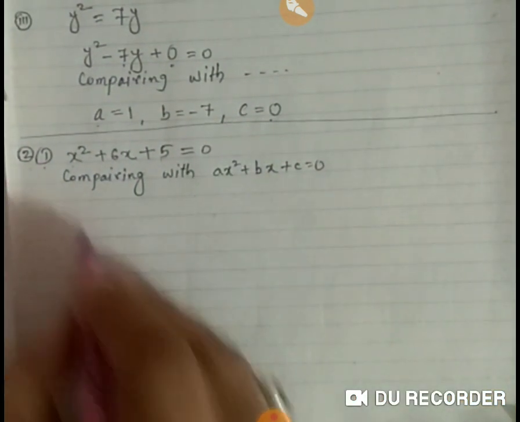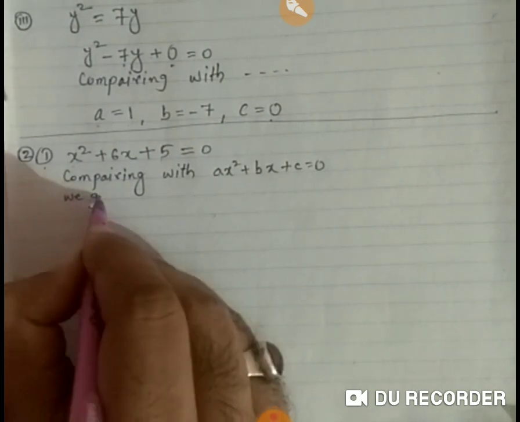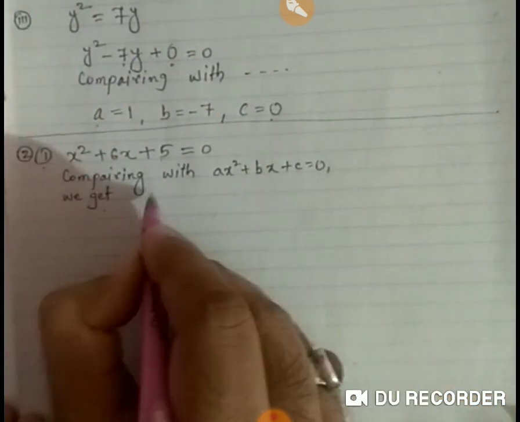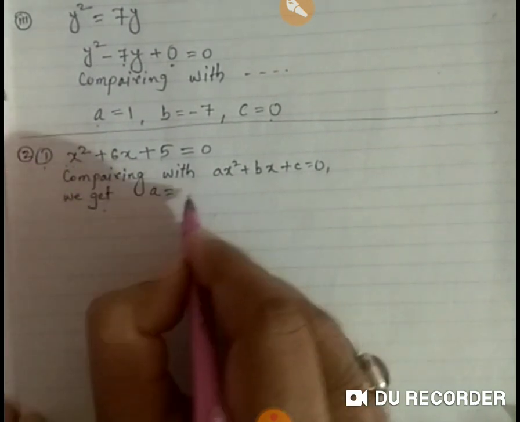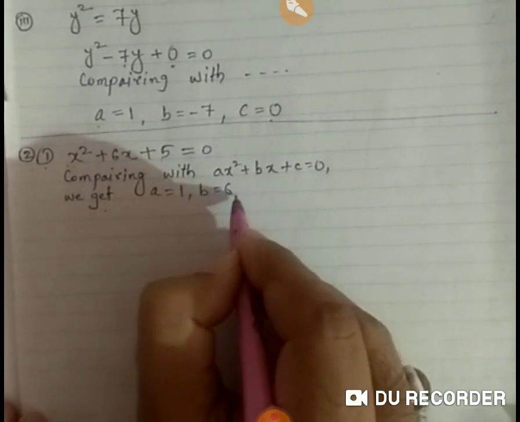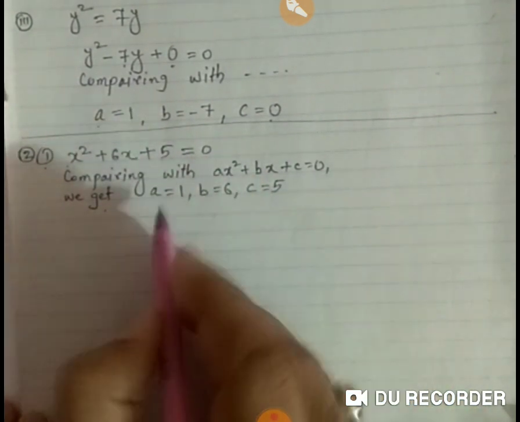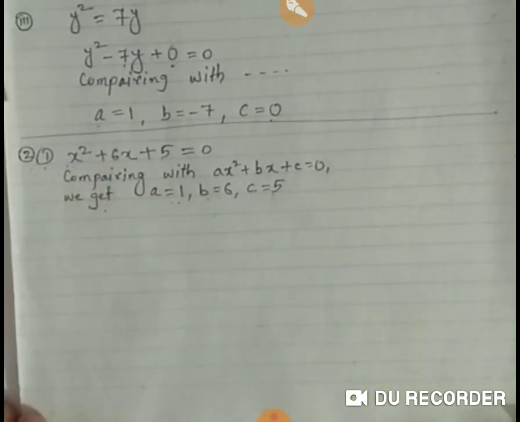On comparison, we will get the values of a, b, c. So what about a in this equation? 1, b 6, c 5. So these are the values of a, b, c, that is 1, 6 and 5.